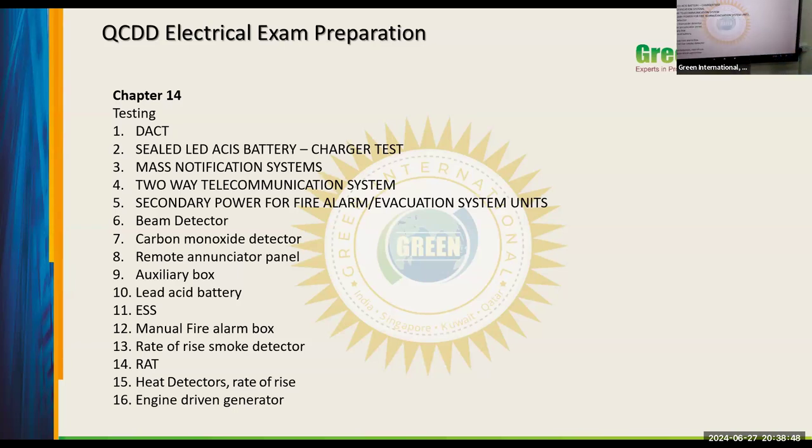The first table is related to the visual inspections. The second table is related to the testing. Here we discuss all the questions related to the testing only, not the inspections.